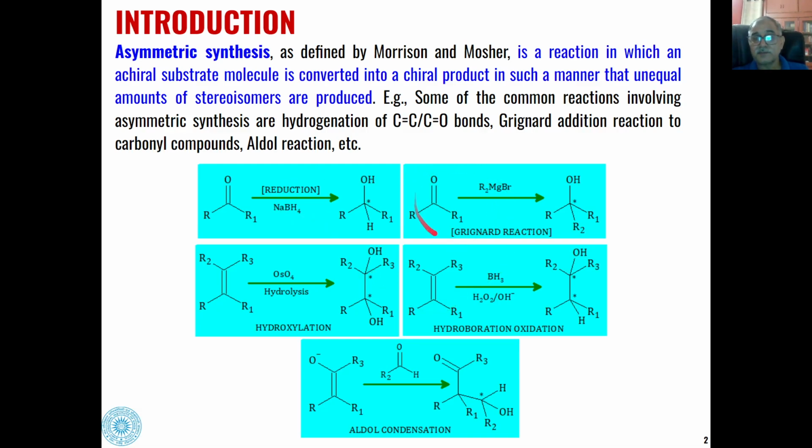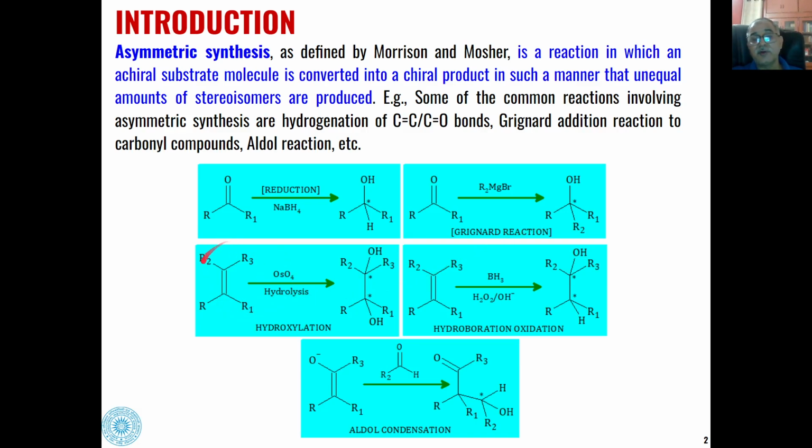Similarly, if the same carbonyl compound undergoes a Grignard reaction, then also we will produce alcohols, and this achiral reactant will be converted into a chiral product. And again, if both the enantiomers formed through this method are formed in unequal amounts, then this reaction will be an example of asymmetric reaction or asymmetric synthesis.